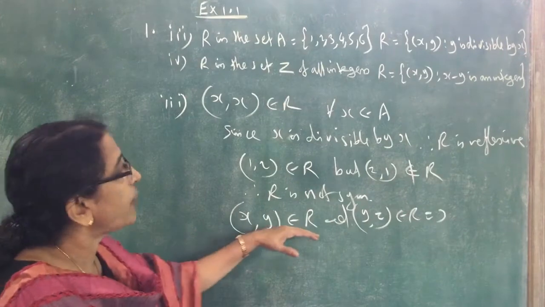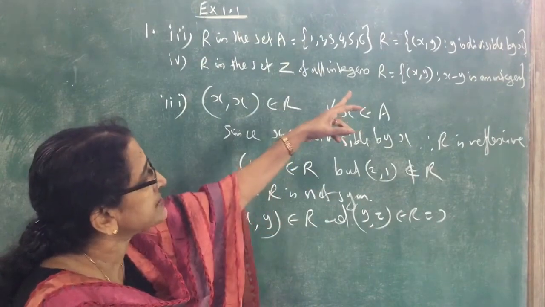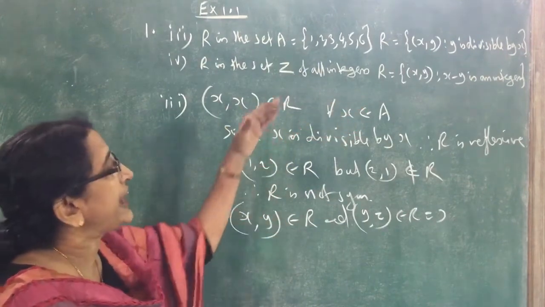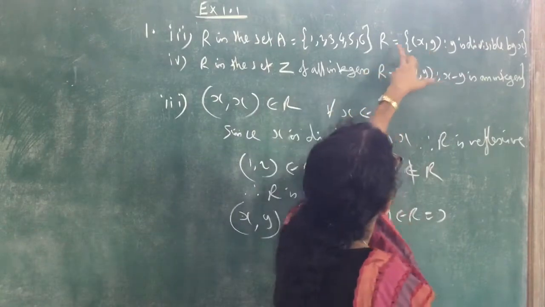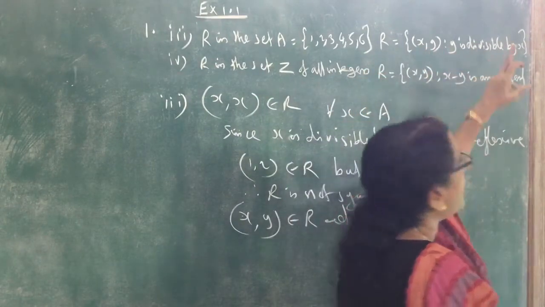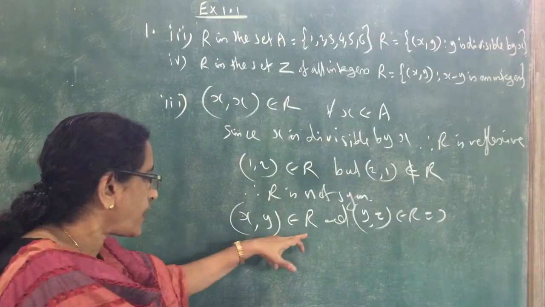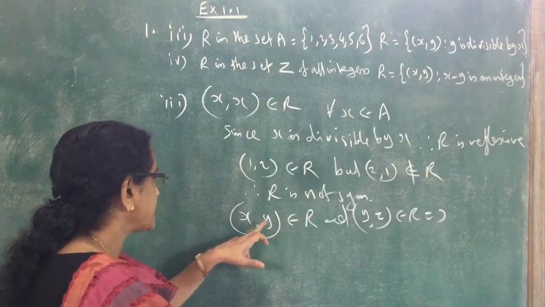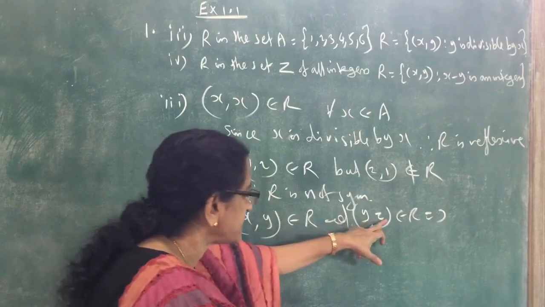What is the property of an element of R? (x, y) is an element of R if y is divisible by x. So since (x, y) and (y, z) belong to R, we can write y is divisible by x and z is divisible by y.